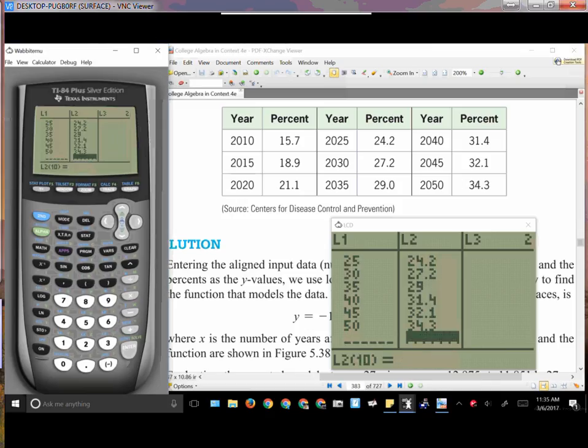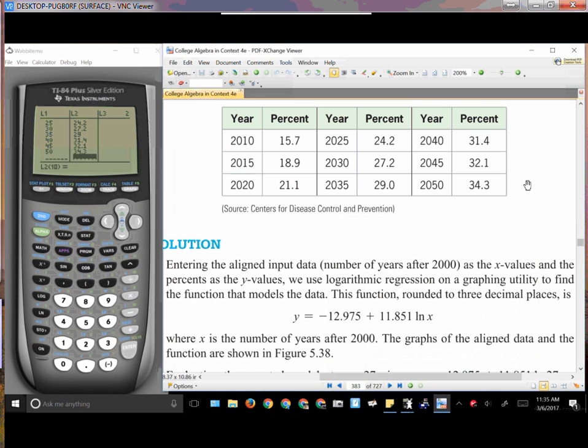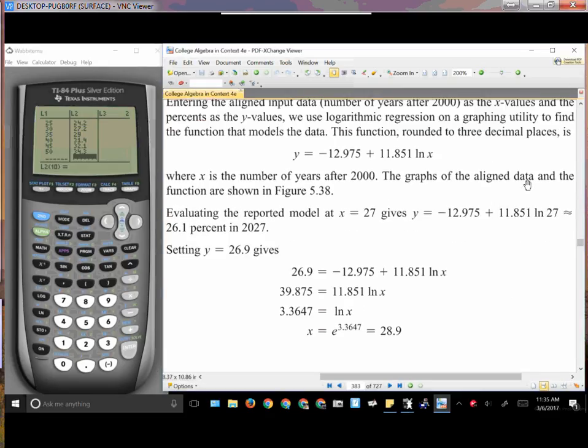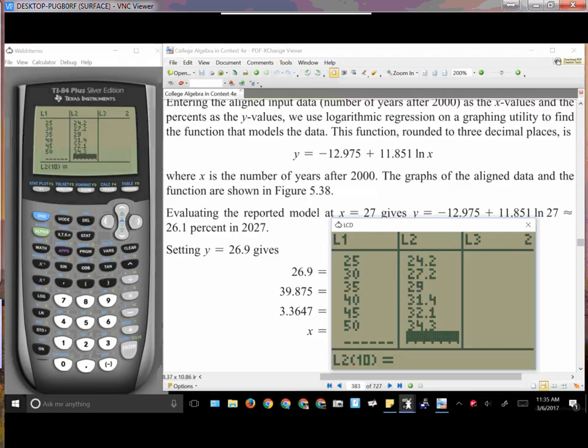Okay, data's in. So now we need to have a logarithmic for this one. So you'll notice that they've got ln here. A lot of times that is what we're going to be using, just ln, makes life a little bit easier and quicker.